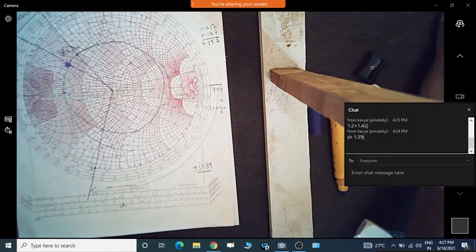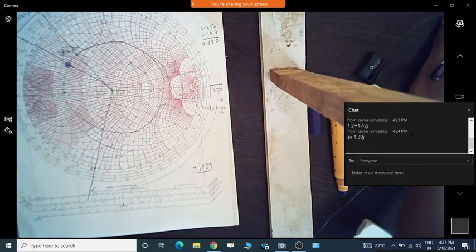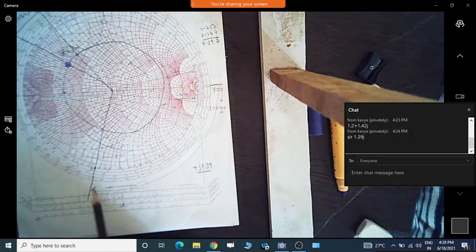Now can you tell me the value? Is it 0.19, 0.139? Hello? How much are you getting at this point?